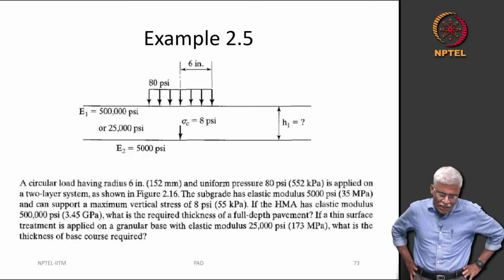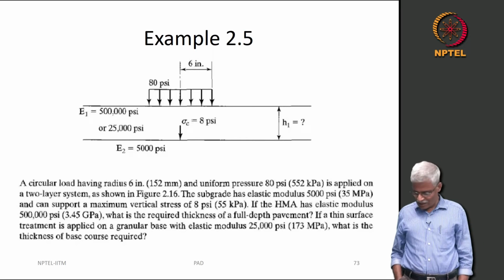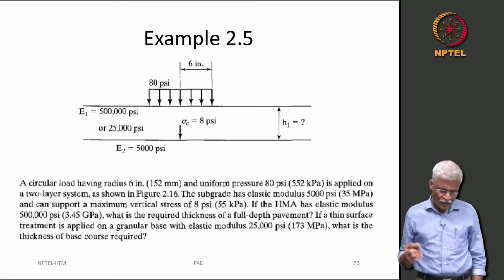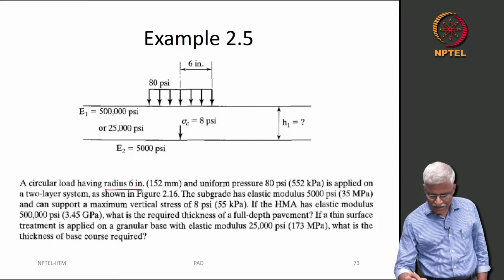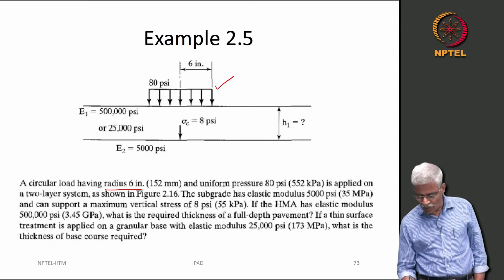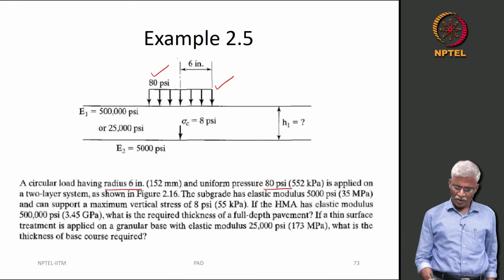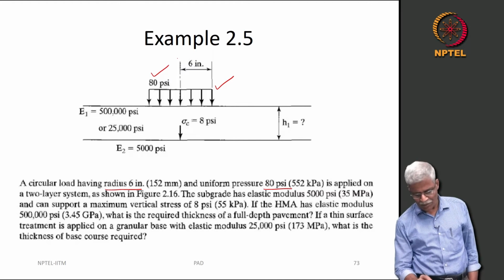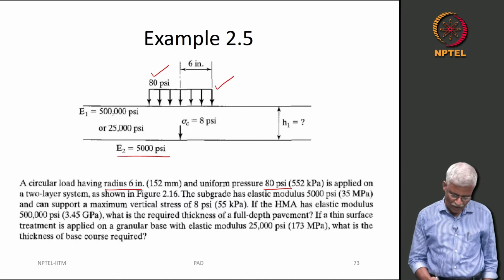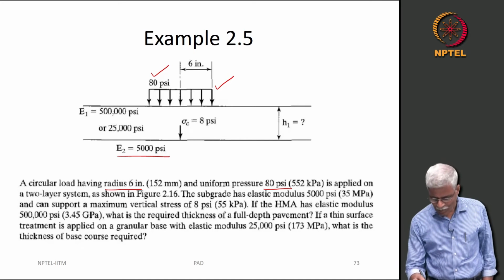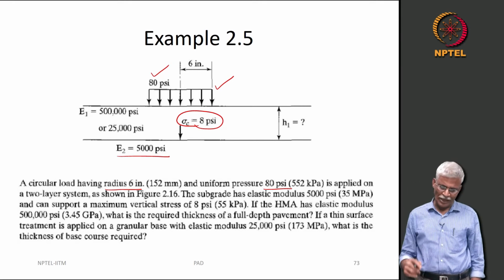What you see here, you should be able to look at this and carefully understand what needs to be done. A circular load having a radius of 6 inches and uniform pressure of 80 psi is applied on a 2-layer system. The subgrade modulus is given. E2 is given and it can support this interfacial stress sigma c, you remember that is what I indicated.